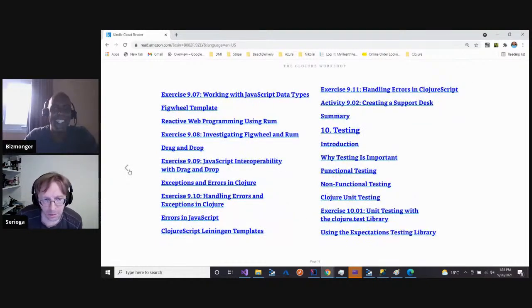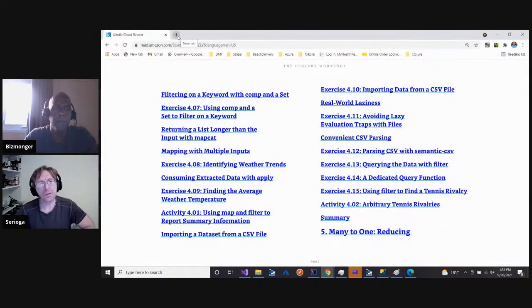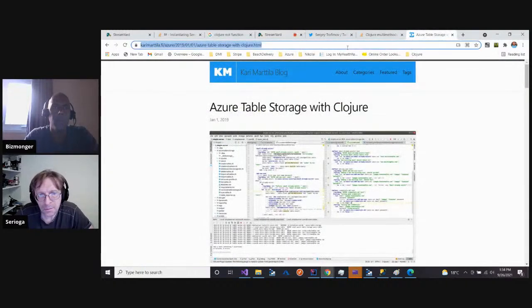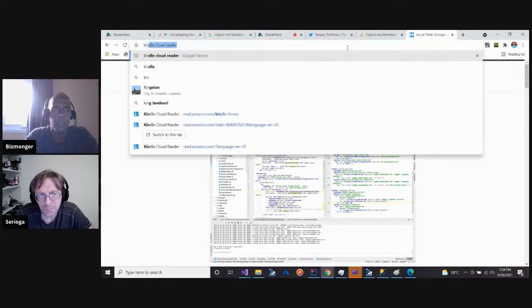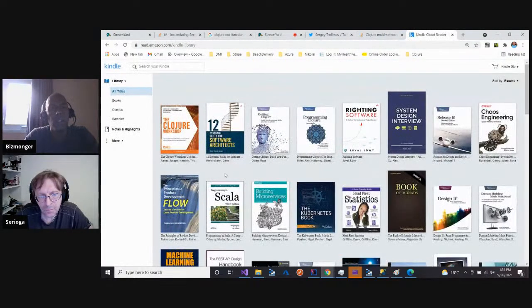Did you look at Clojure for the Brave and True? This book? I think it sounds familiar. Hold up. Where's my Clojure stuff at? I have Clojure Workshop, Programming Clojure, Getting Clojure.